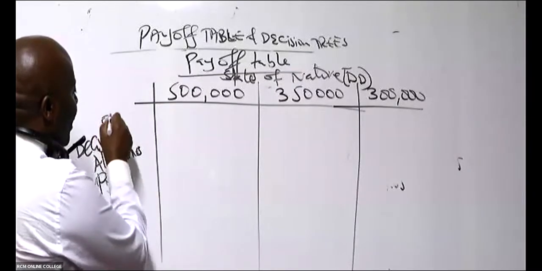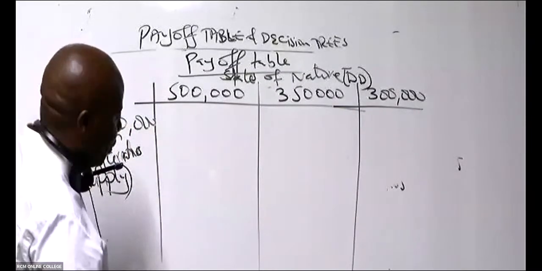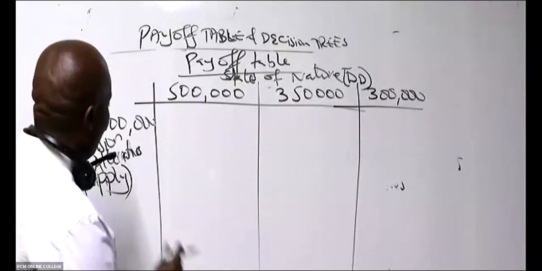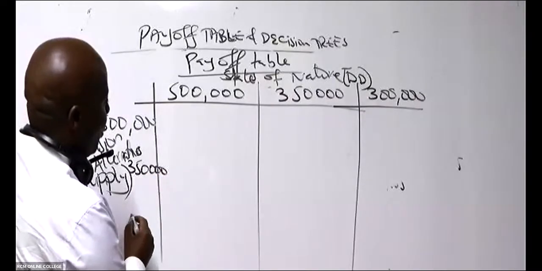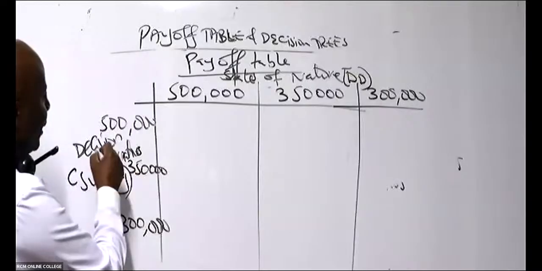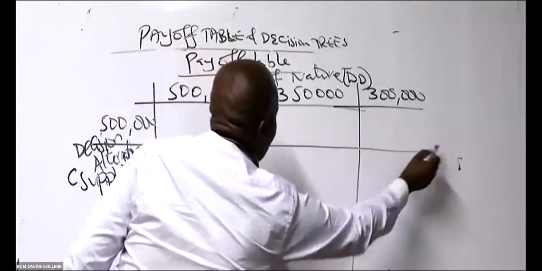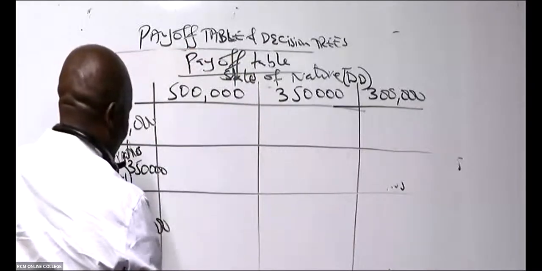So the first supply here should have been 500,000. The second one should have been 350,000. And then lastly, we have 300 what here? 300,000. You must match them like that.